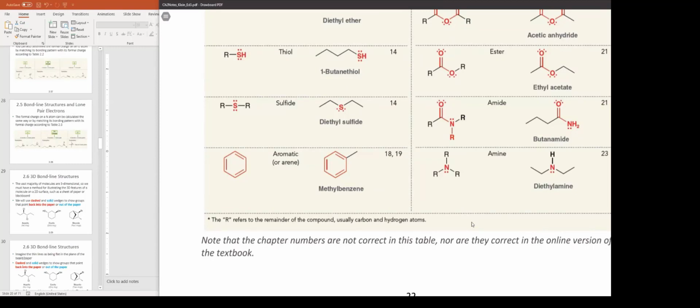That's diethylamine. Here's another amine. Okay, these are all amines. And I'll draw in the lone pairs.